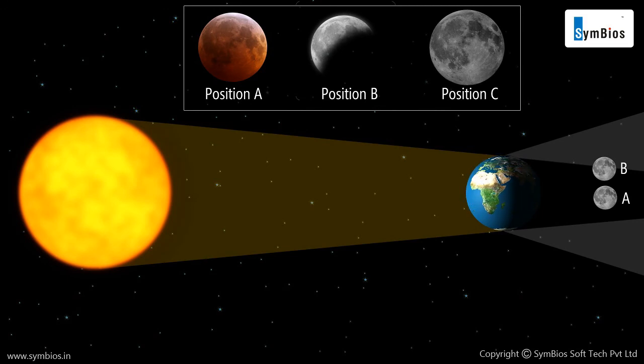When it reaches the penumbra region, that is, position C, there is no eclipse, but the moon appears dull because it does not receive the complete sunlight.